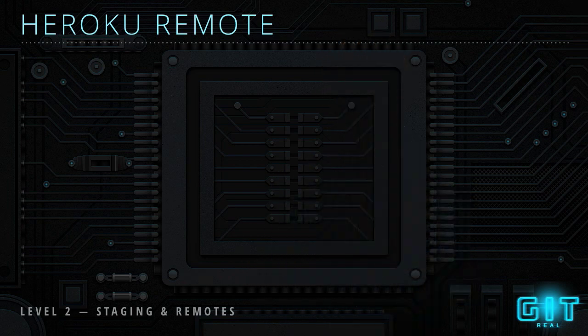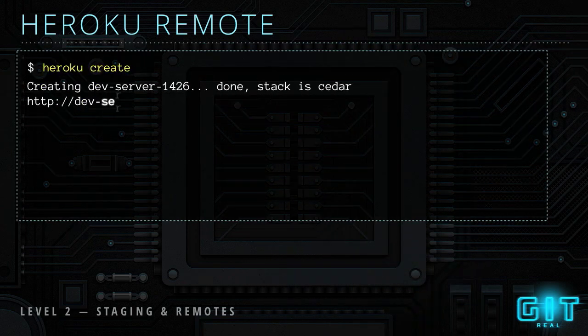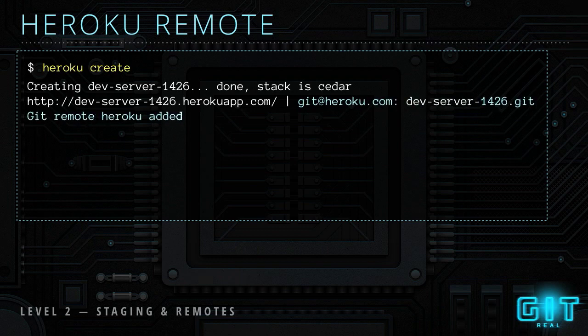Lastly, I want to talk about Heroku, a hosting platform, and the way they use remotes. So if you have a Heroku account and you install the Heroku gem, and you're working on your code, and you type heroku create, you can see it does a couple things for you, one of which is gives you a Git repo SSH address. Now before, we were using a URL. GitHub gave us a URL. Well, a lot of times when you're working with Git repos, you might instead have an SSH address.